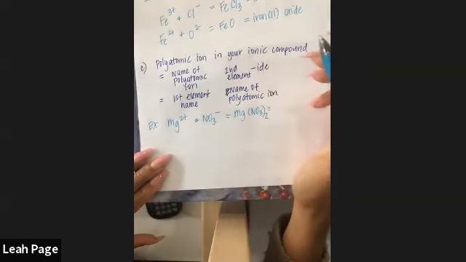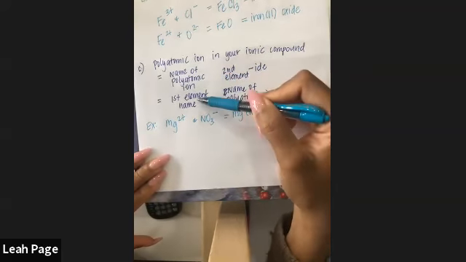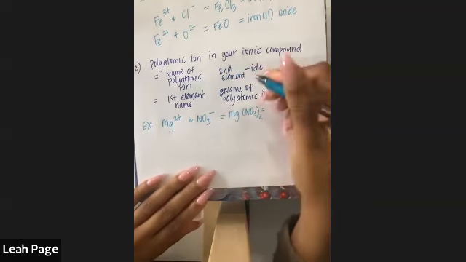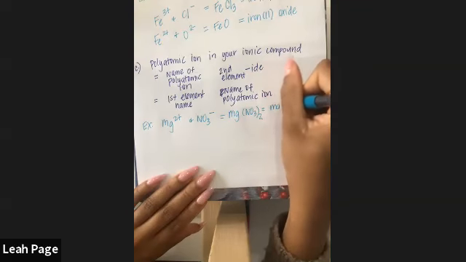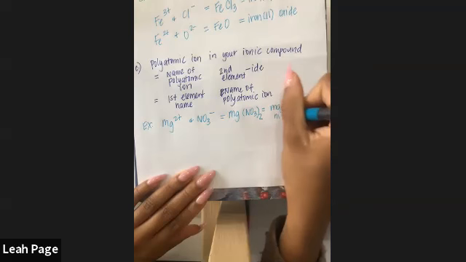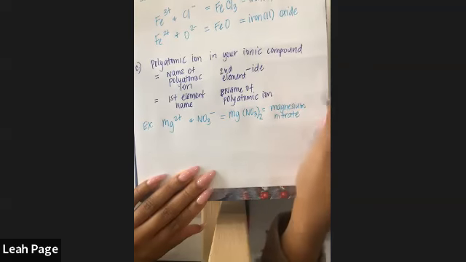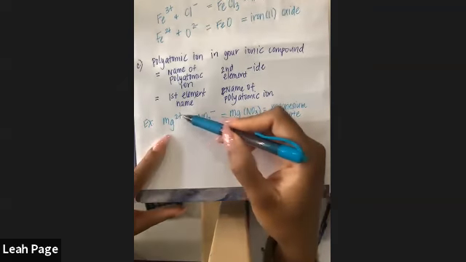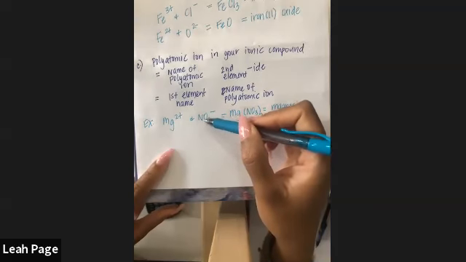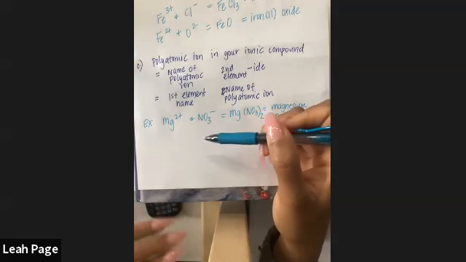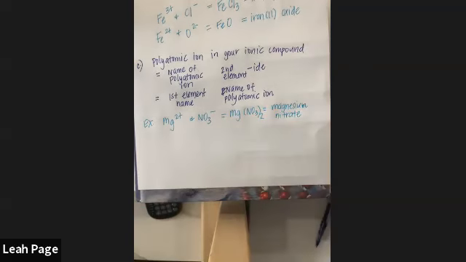The way we name this, my first element name is magnesium, and then I name the polyatomic ion, so it's just magnesium nitrate. So Mg2+, and then nitrate, which is NO3−. When these 2 ions are mixed together, they form magnesium nitrate.